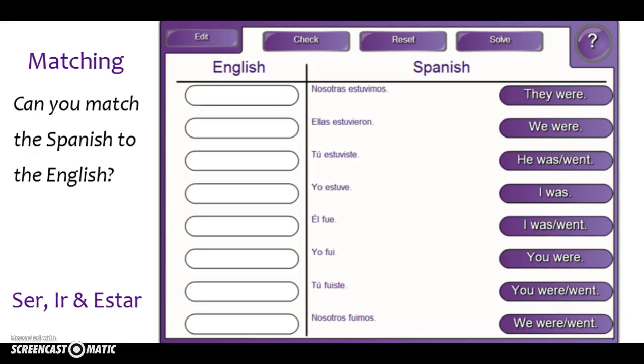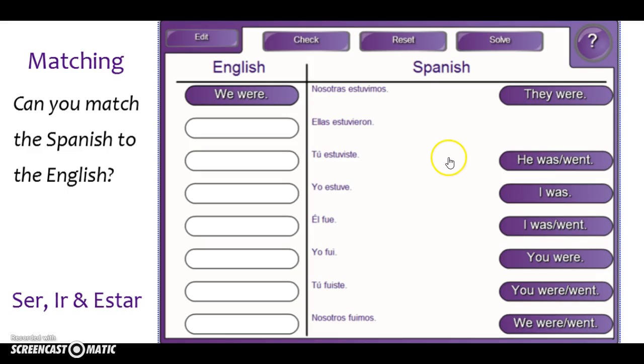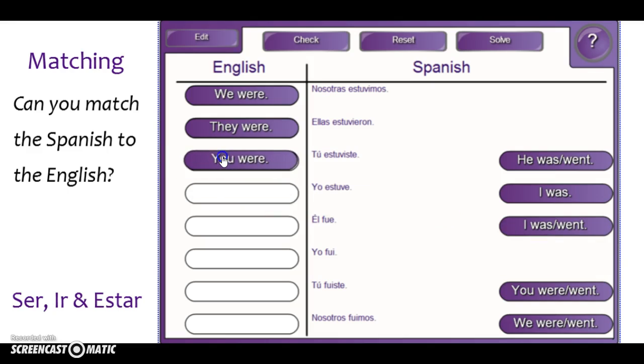Now let's do it again, this time with ser, ir, and estar. Matching again the English to the Spanish. Nosotras estuvimos. We were. Ellas estuvieron. They were. Tú estuviste. You were. Yo estuve.